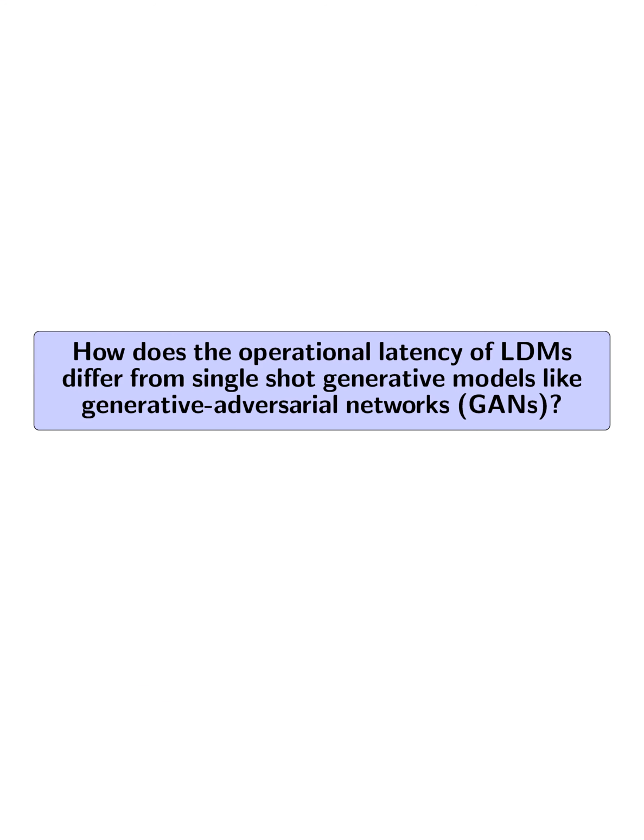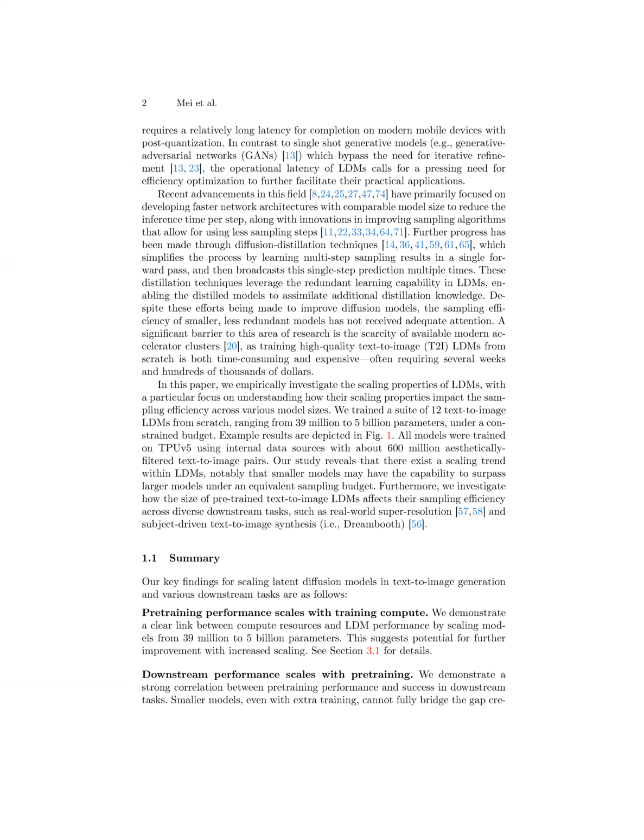How does the operational latency of LDMs differ from single-shot generative models like generative adversarial networks, GANs? The operational latency of LDMs differs in that LDMs rely on multi-step sampling to produce high-quality outputs, while single-shot generative models bypass the need for iterative refinement.